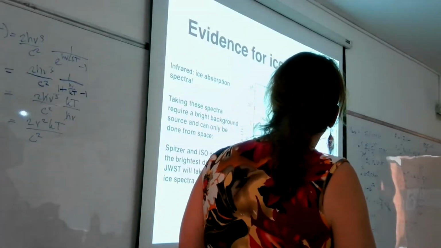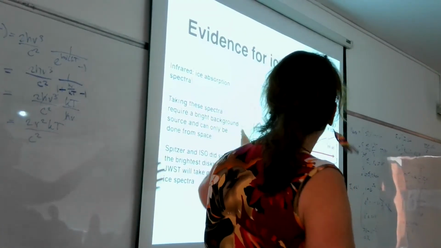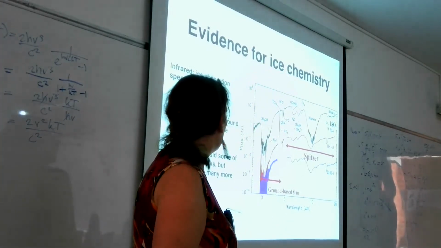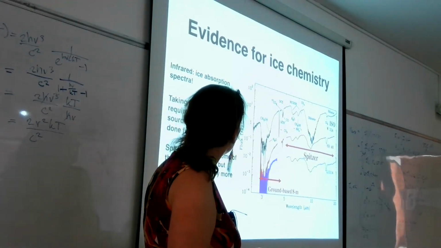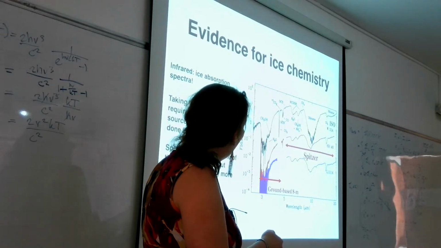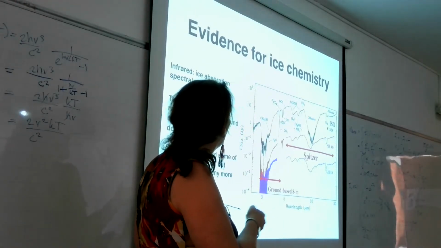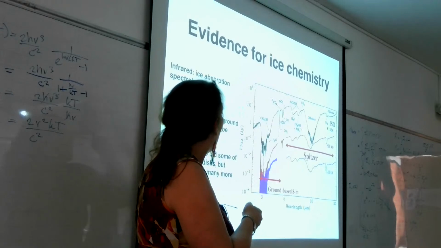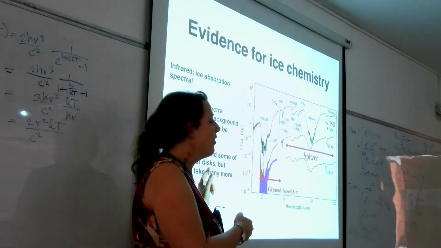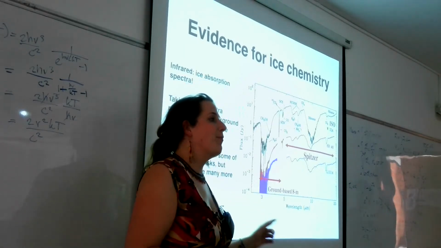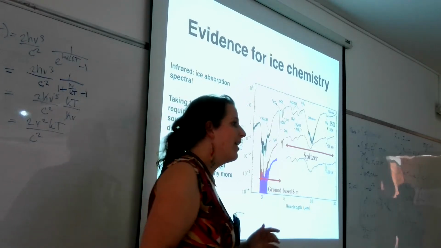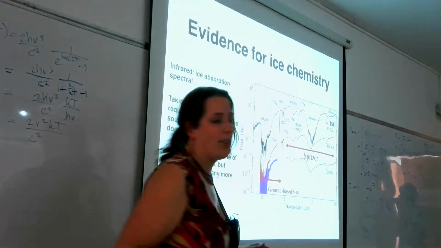I guess in the one here in the top, I don't know what they did. That may have been another facility. Oh, sorry, the black spectrum was taken by ISO. ISO did have coverage down to 2 micron, but Spitzer only had coverage down to 5 micron. So yeah, it's just the property of the instrument.